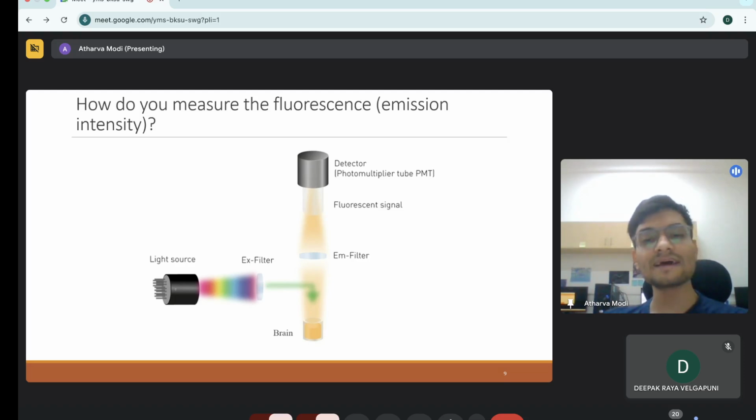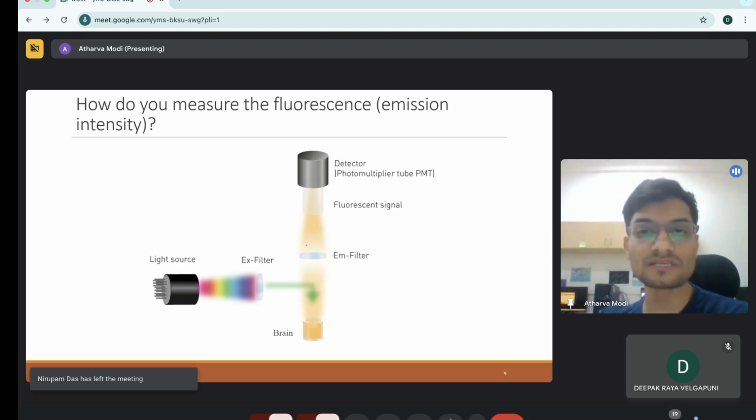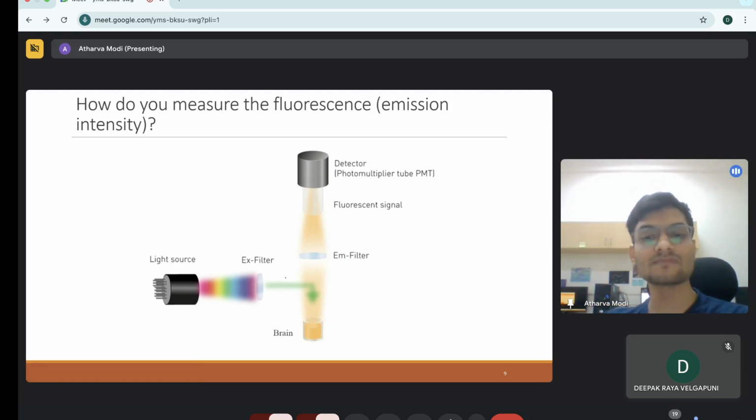This light source gives out a particular wavelength of light which is shined on the brain, and some emission light comes out, which is passed through an emission filter. You want to measure some particular wavelength. In our case, we were shining blue light and measuring green light. Here they are shining green light and measuring orange.